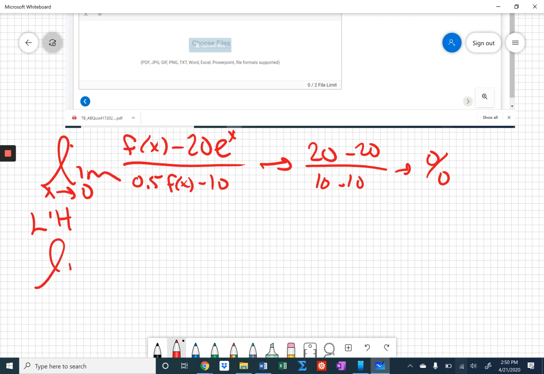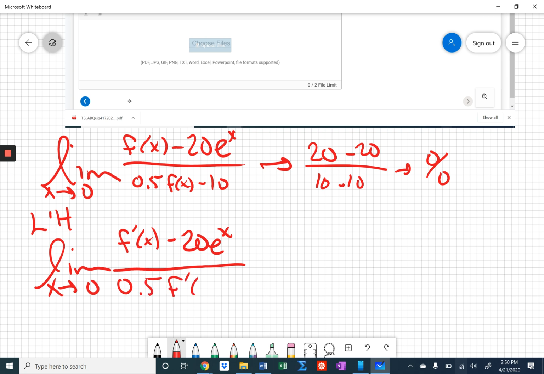If you apply L'Hopital's rule, what do we get? I take the derivative, and the derivative of f will be f prime. The derivative of 20e to the x is just 20e to the x. In the denominator, I get 0.5 times f prime of x, and the derivative of 10 is 0. This is what I get.